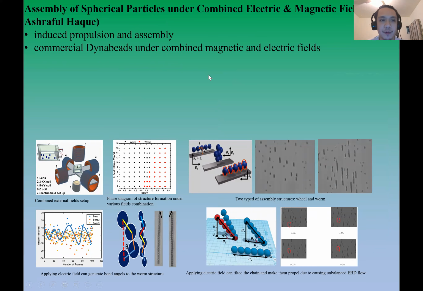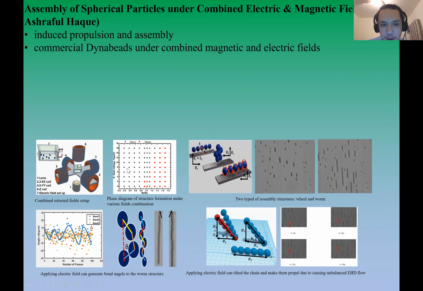Similarly, we also research magnetic chain behaviors under a combined electromagnetic field, which is under research by our master student Ashraf. As we can see here, we apply both an electric field and a magnetic field to the magnetic spherical particles.